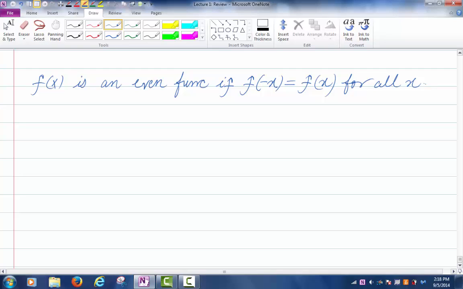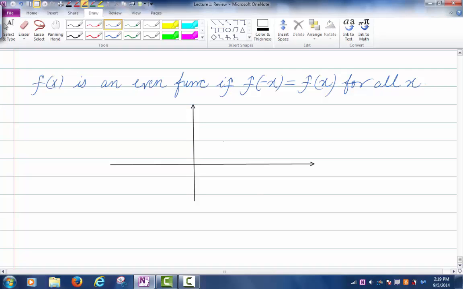Another way of saying that is that if I look at the graph of the function f, the height of the graph at x and negative x are the same. So if you have an even function, what happens is the following.